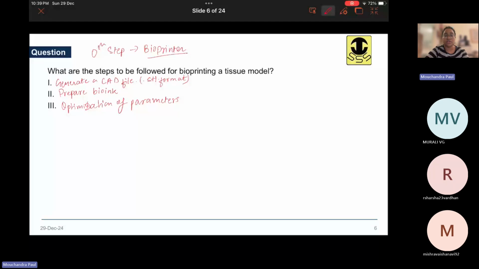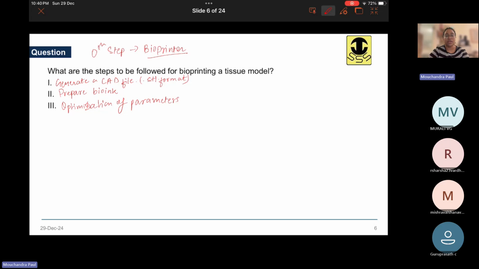Like if it's extrusion, you will work with different pressures, different nozzle sizes, different flow rates. Temperature can also play a role. So you do optimization of parameters to select the best set of parameters to print this bioink, one that gives good printability results.